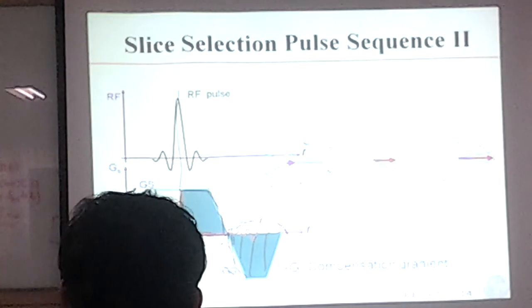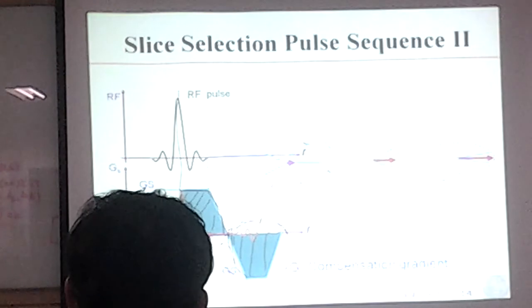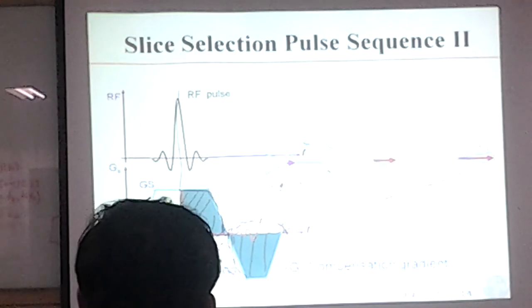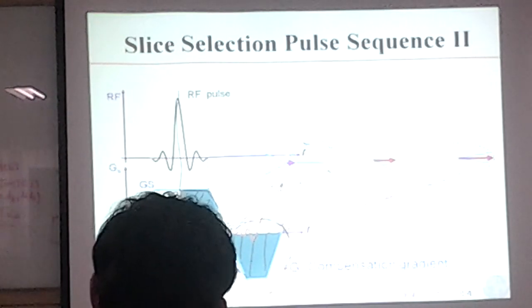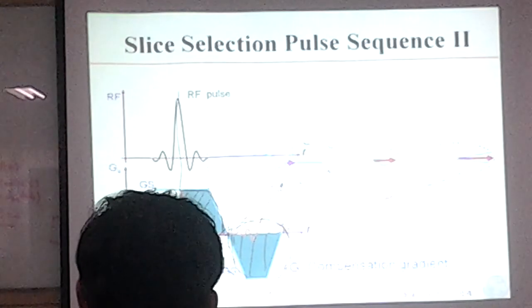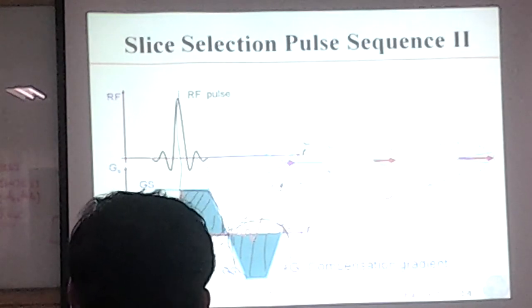If these two areas are the same, then the signal becomes maximum at the end of the compensation gradient, which should be applied after the slice selection process here.